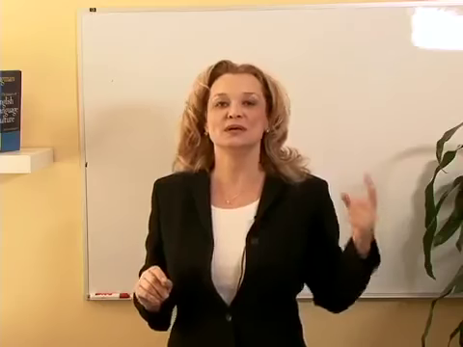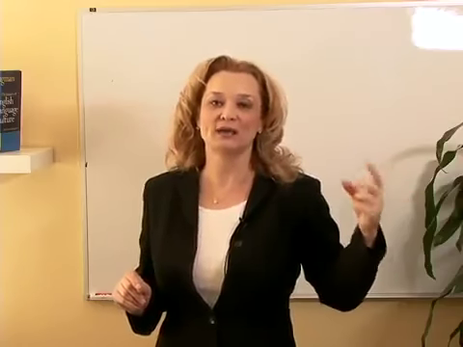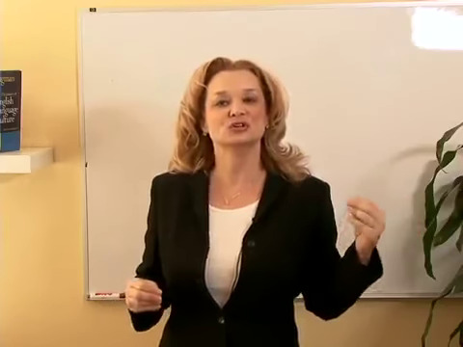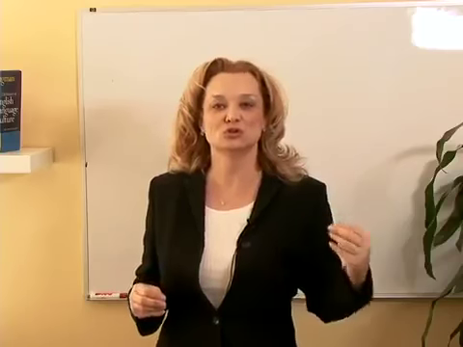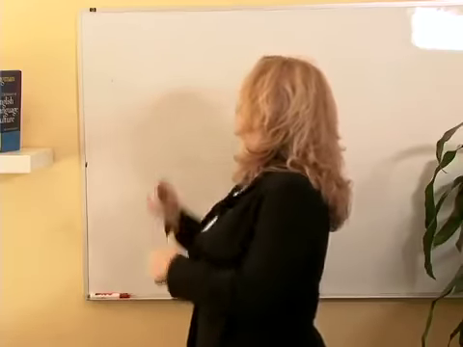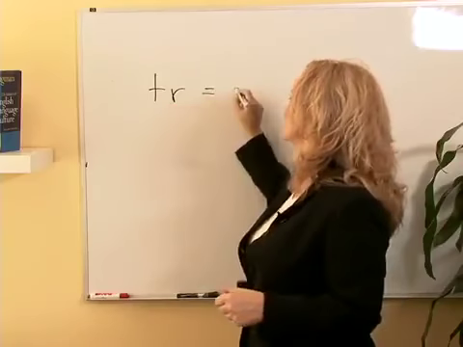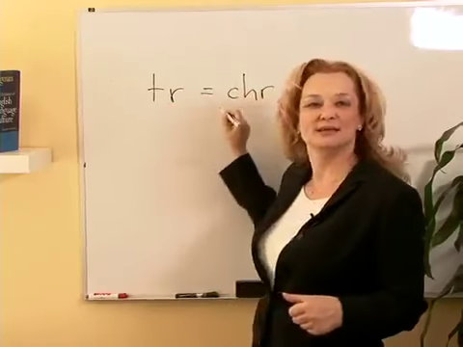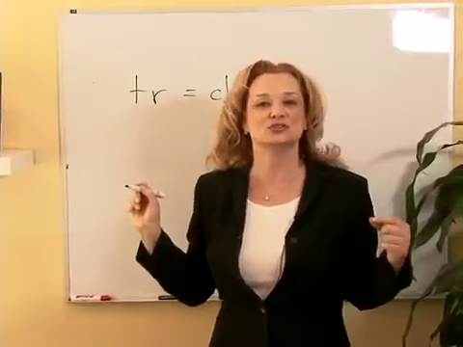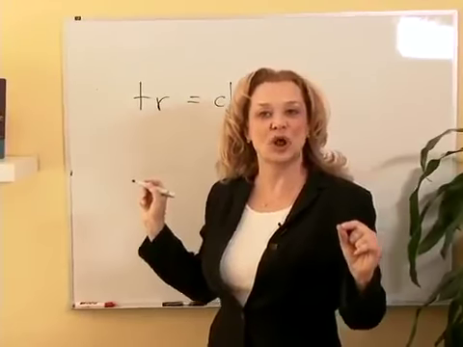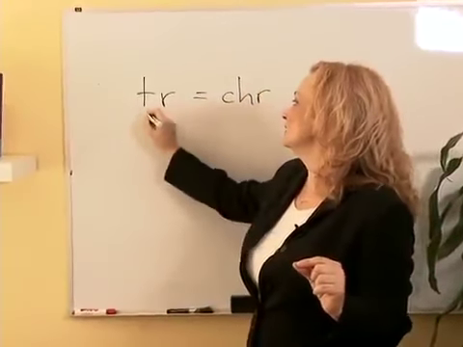For example, T-R-Y, we don't say "try" with a separate T; it becomes like a ch sound. The TR together make a sound almost like CHR, almost like ch, but a softer one.